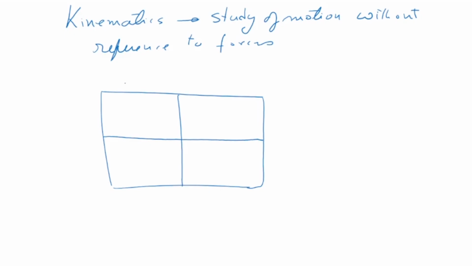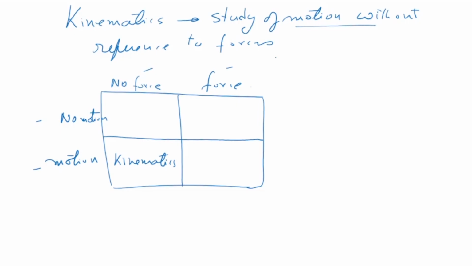So studies where there is no force and no motion, and motion and force. Either force is there or force is not there, and no motion is there or motion is there. Studies in which there is no force but there is motion are called kinematics.